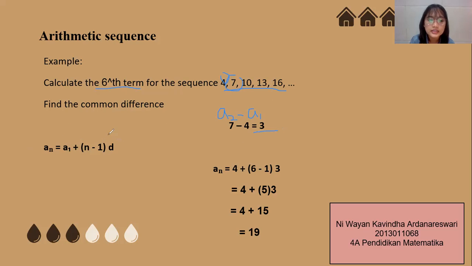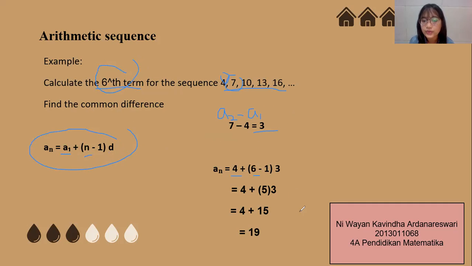And the formula is a sub n is equal to a sub 1 plus n minus 1 times d. So here we got a sub 1, or the first term, is 4. n is the term that we find for, which is 6. And d is the common difference.